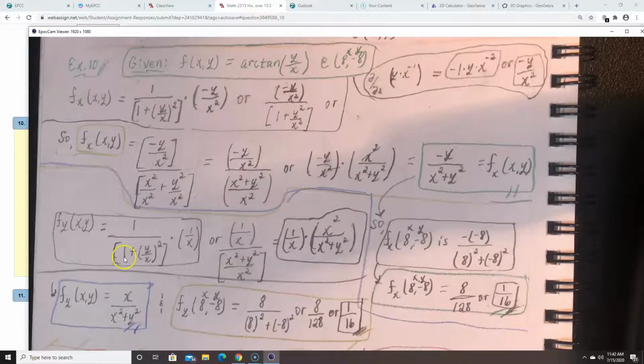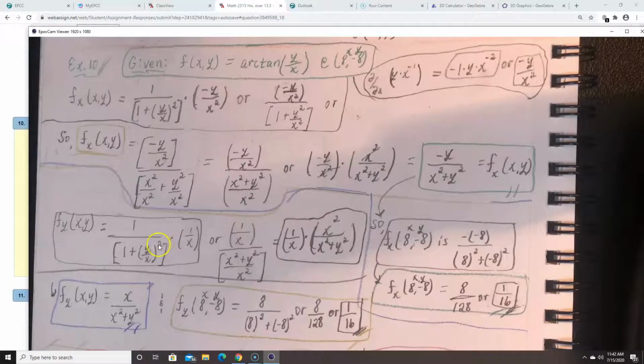It's 1 over, just like it was up here, 1 over 1 plus the inner function squared. So this part right here is the same as this part right here, times the derivative of the inner expression, the y over x. But now we differentiate y over x not with respect to x like we did up here, but with respect to y.